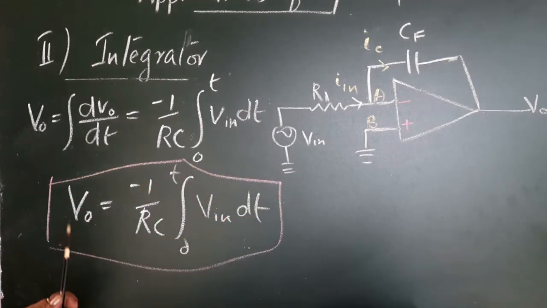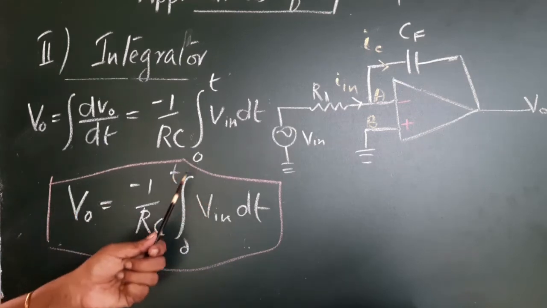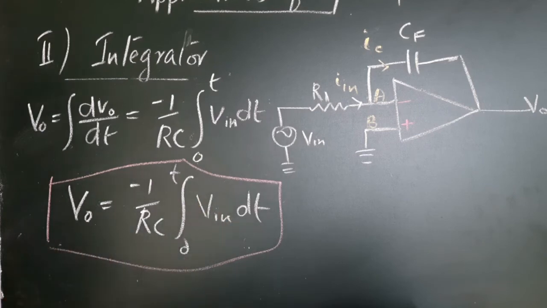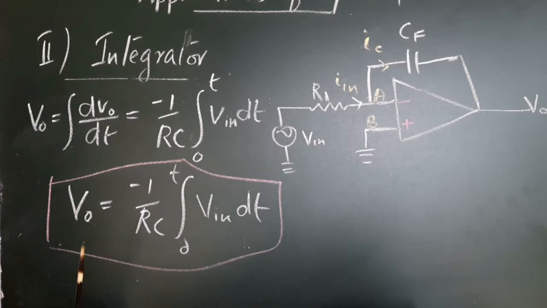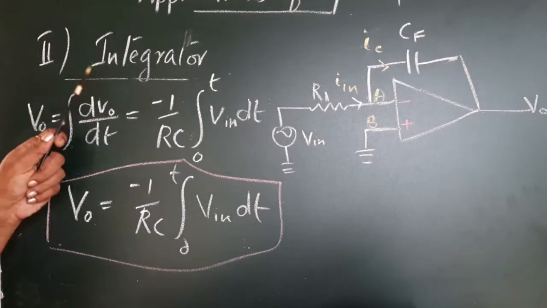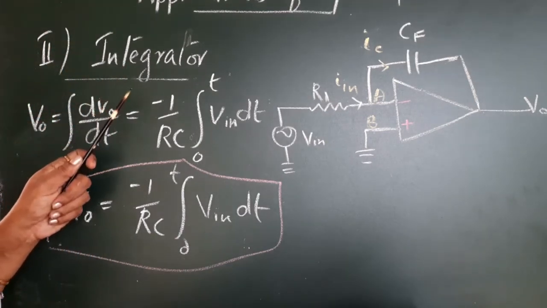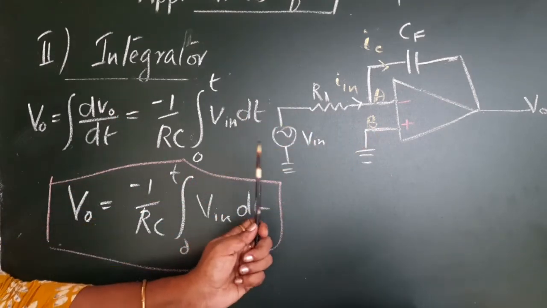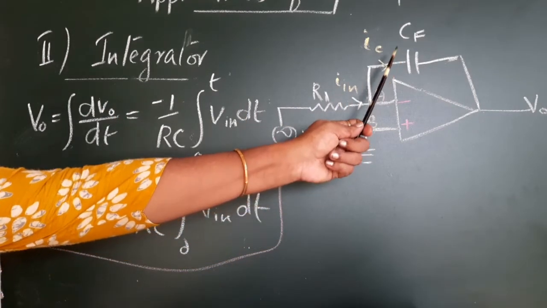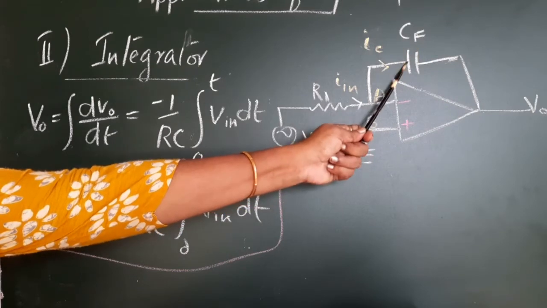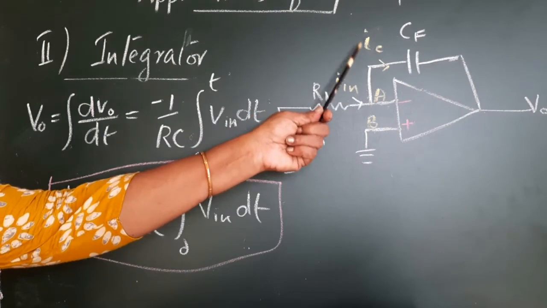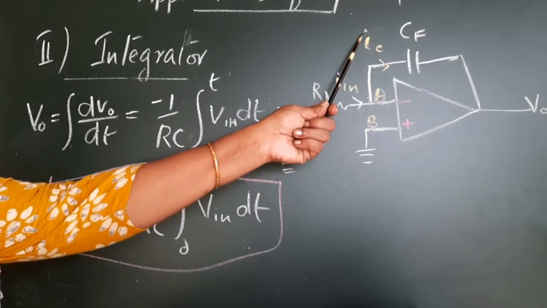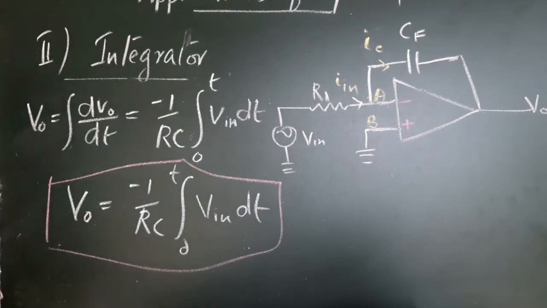So you can see that the output voltage is proportional to the integral of the input voltage. So this is one of the most important applications of op-amp, how op-amp acts as an integrator. So we'll just brush up once again. Here what we have done is the feedback component RF was replaced by CF. So we replaced the direct current capital I with the alternating or varying current small ic.